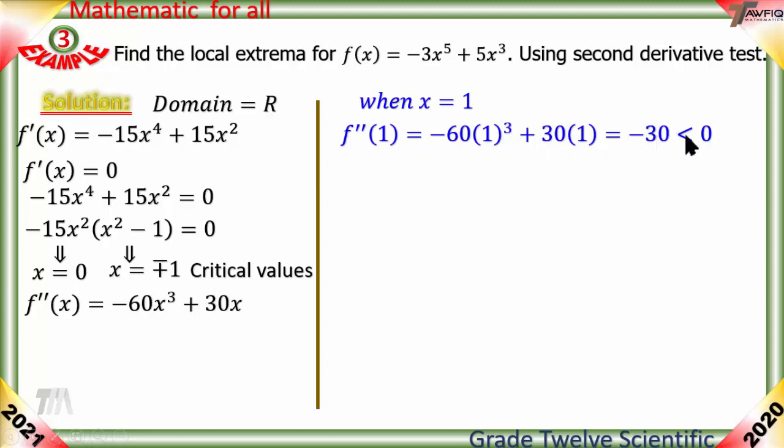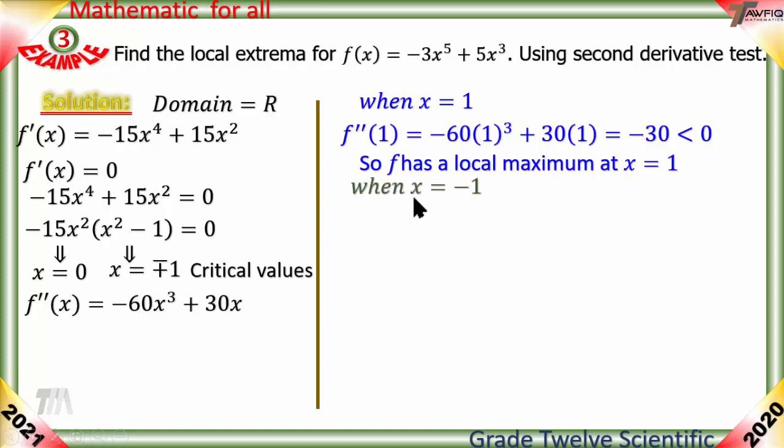That means it is negative. Because it is negative, f has a local maximum at x = 1, because the value of the second derivative is negative.